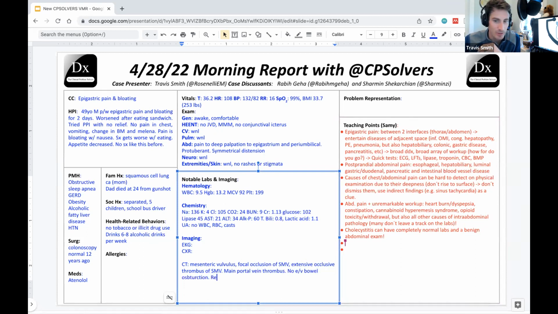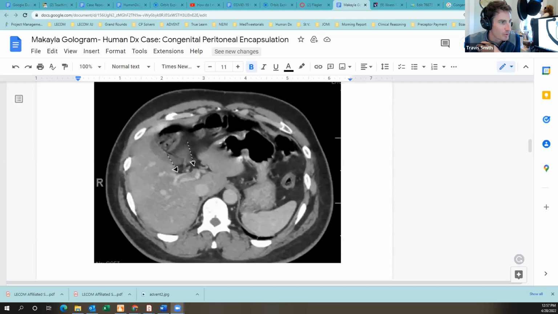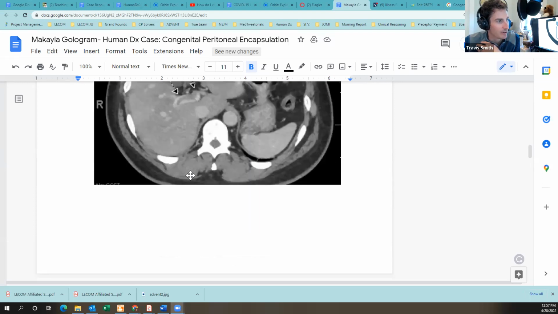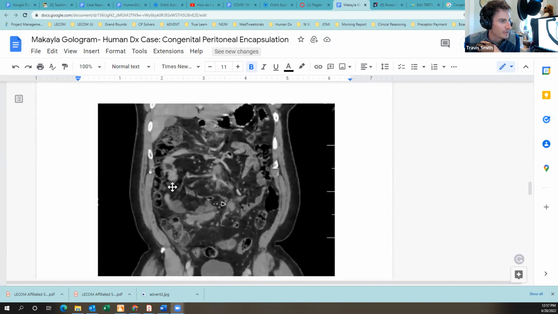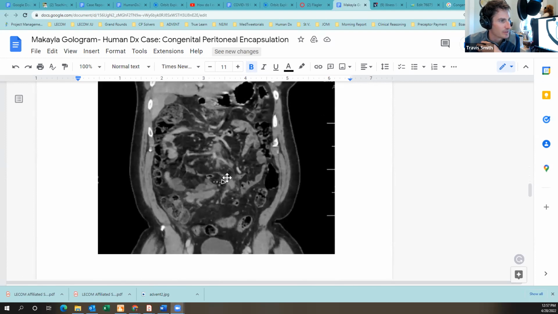I have a little image here that I will just show. Are you able to see the screen? The arrows are pointing to the thrombus right in the portal vein here. This was just another CT scan showing the mesentery, and just another CT scan.